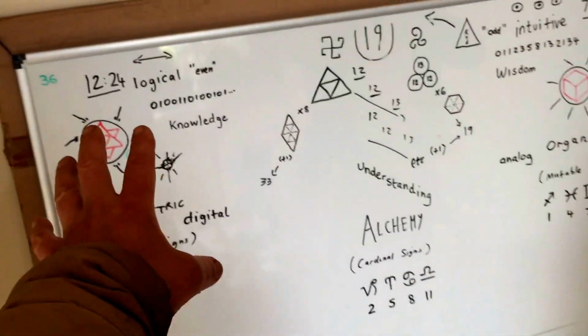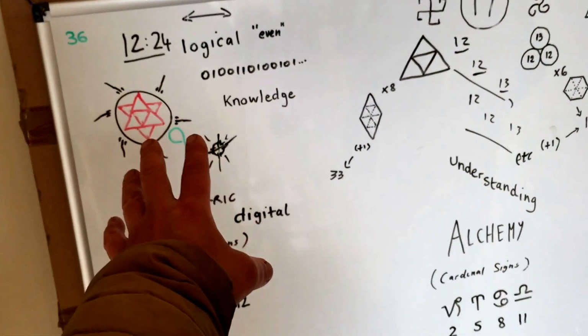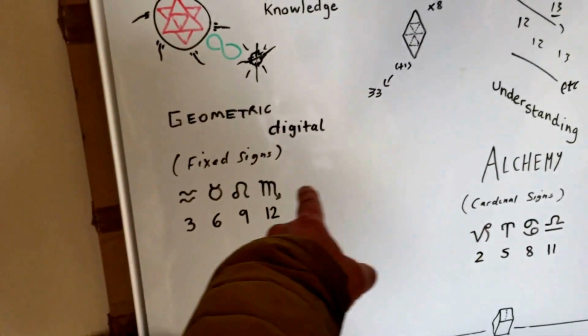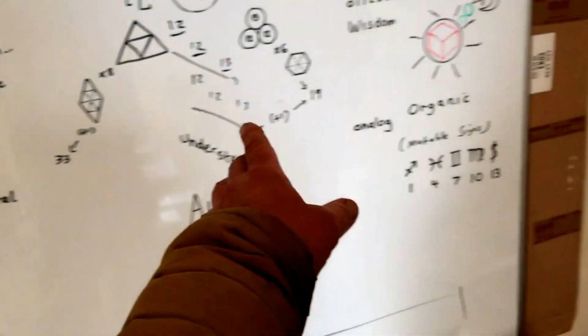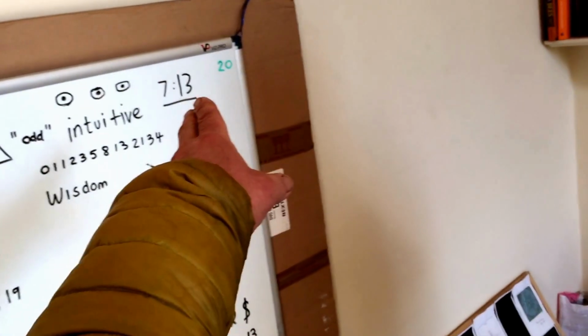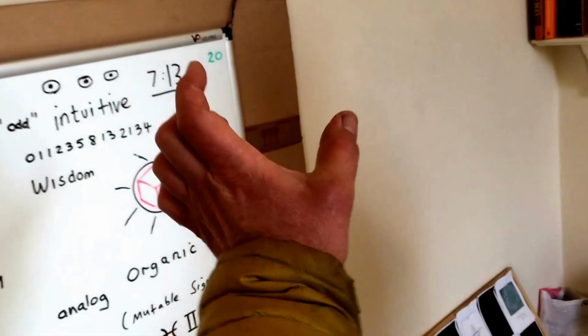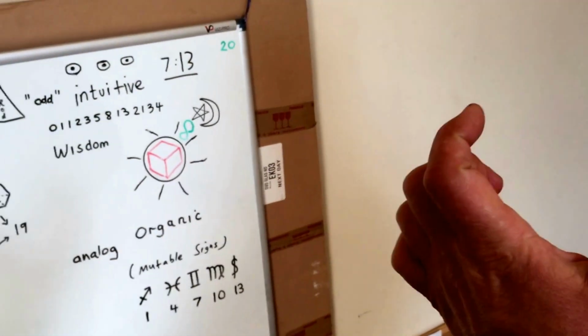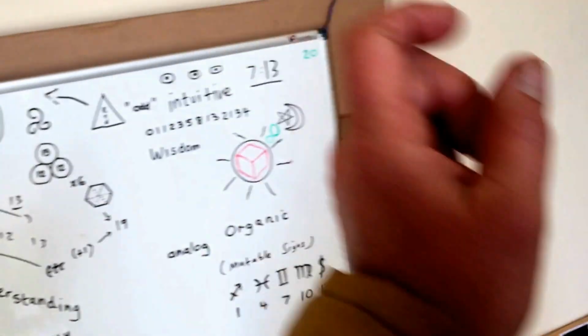So it's not true alchemy, because it's just the 1260 or the 1224, which is, as we see, the digital, as opposed to the true alchemy, which is the digital and the analog, the mixture of the 1224 and the 713. The 713 is 7 days of the week, and then 13 units in each solar rotation, as in each rotation of the Earth around the Sun.